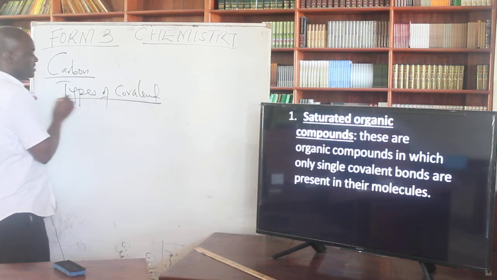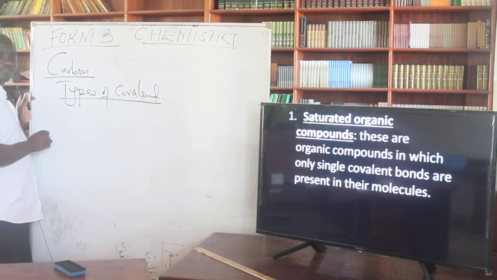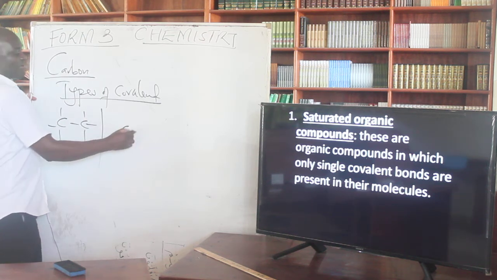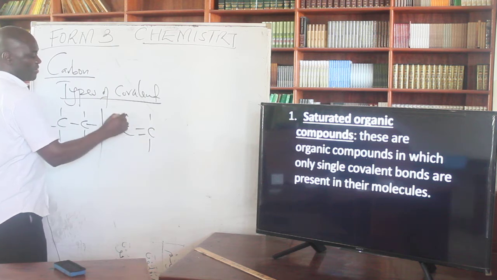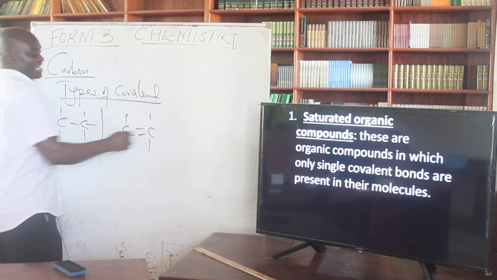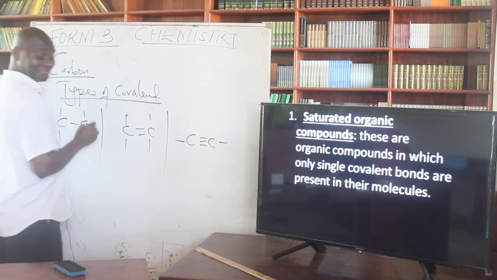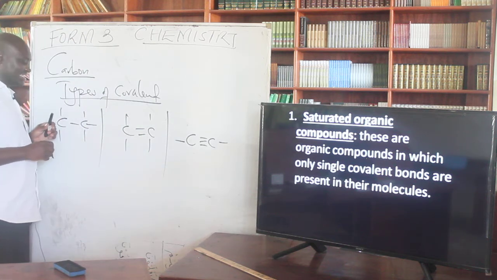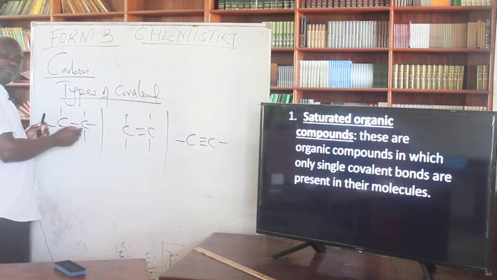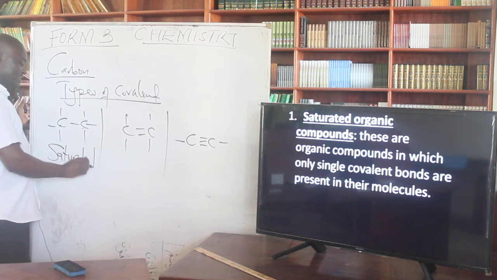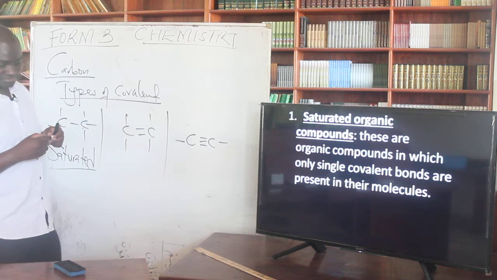We talked about carbon-carbon single bond, carbon-carbon double bond. Then we talked about carbon-carbon triple bond. But now we are saying that when you have carbon-carbon single bond, then you have a saturated organic compound.